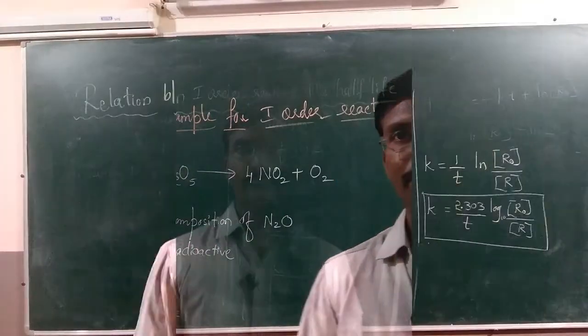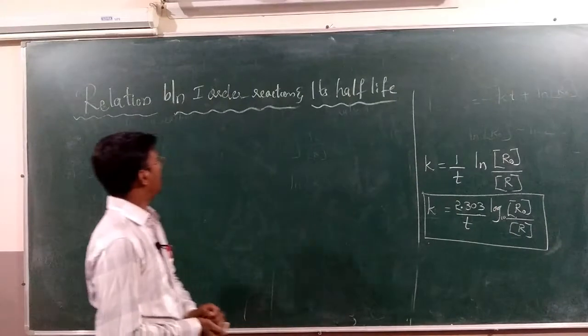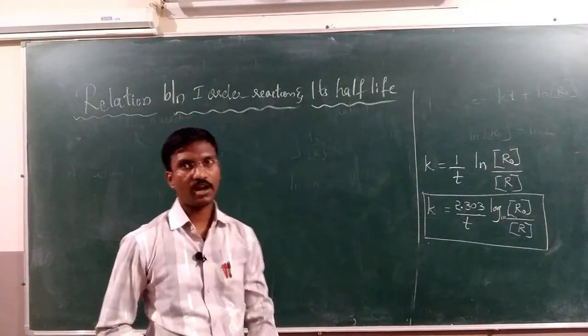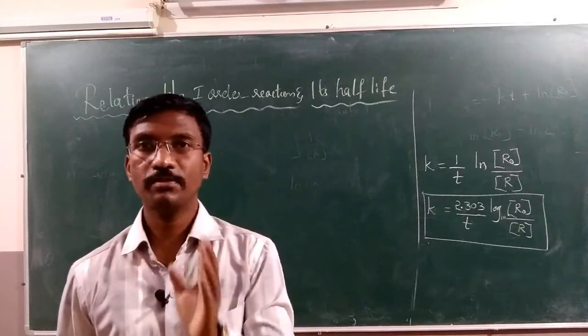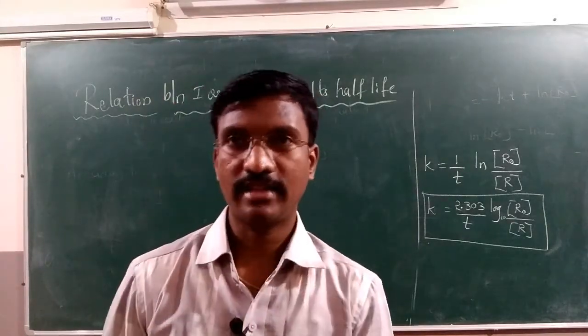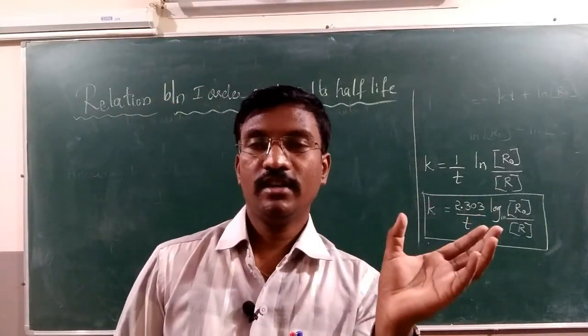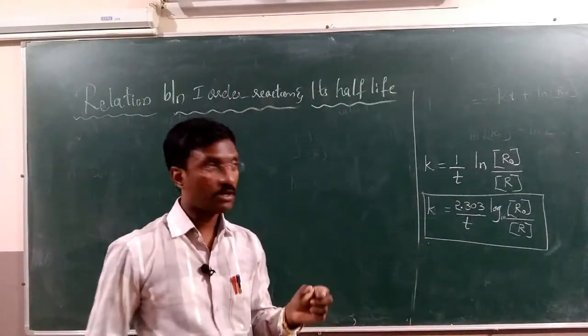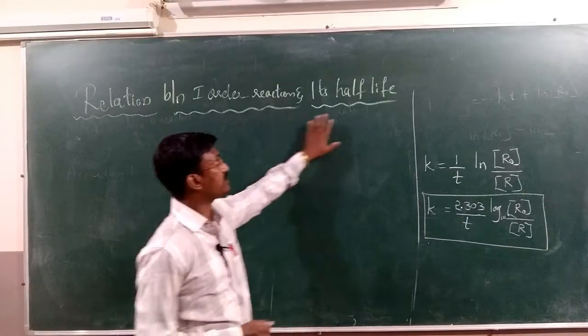Okay. So now we will see the relation between first order reaction and its half-life. It is similar to what we saw in the last class, the relation between zero order and half-life. Now it is the relation between first order and its half-life.